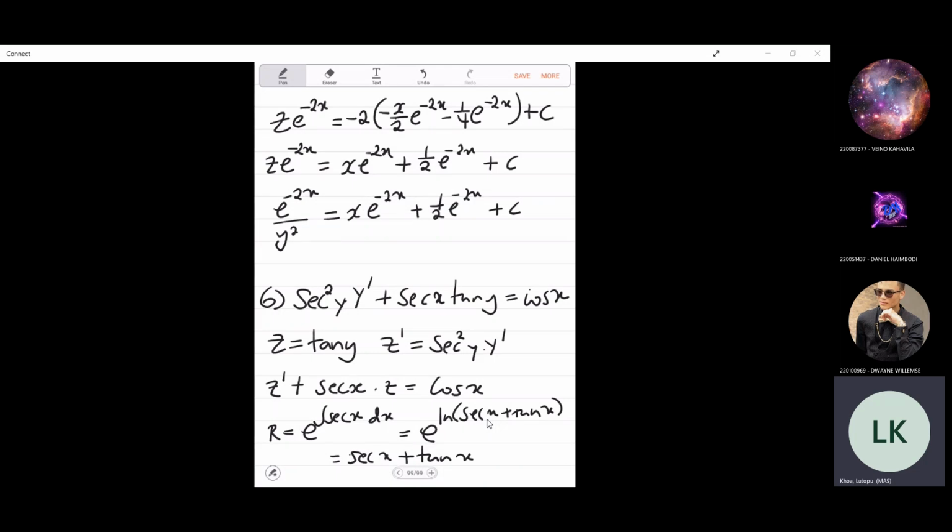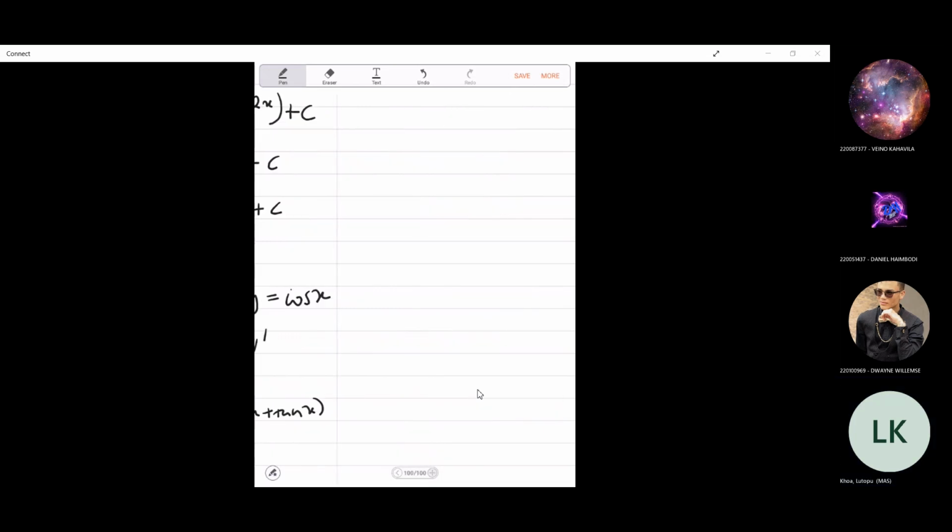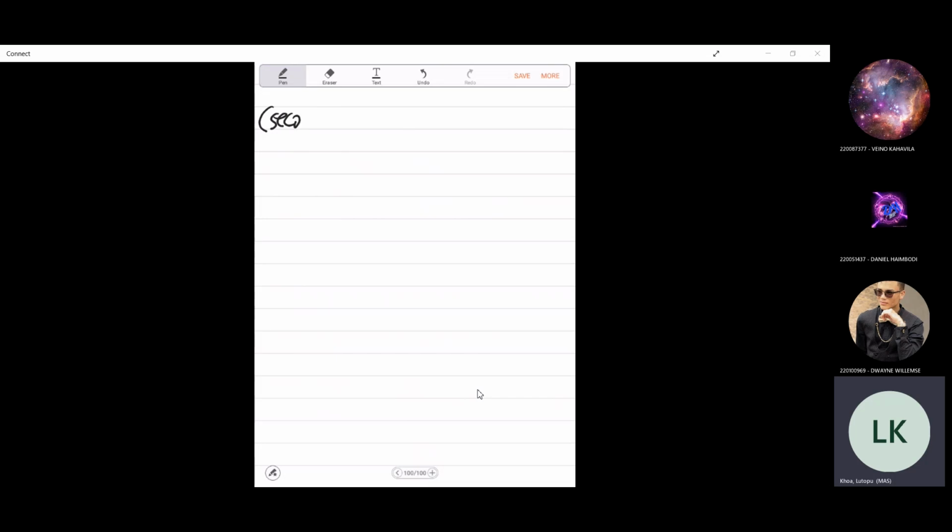Okay, so now that we have our integrating factor, we will multiply everything by the integrating factor, and then this will give us (sec x plus tan x) z prime plus z.